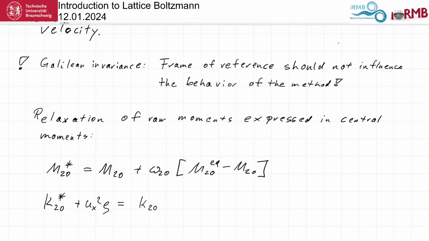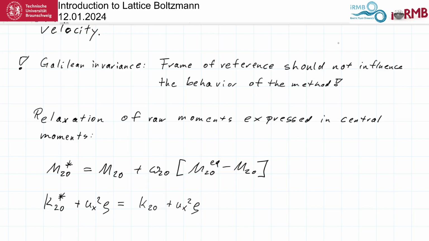So it's now without star, K20, the velocity does not change. The velocity is conserved, so we assume there is no force. If there's a force, then it's not conserved, and that would be different, but we assume there is no force.